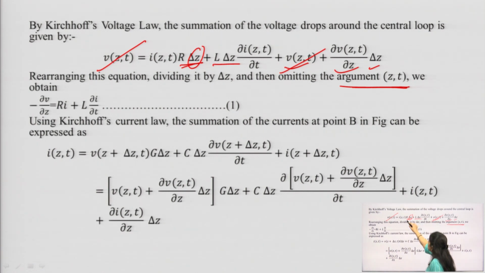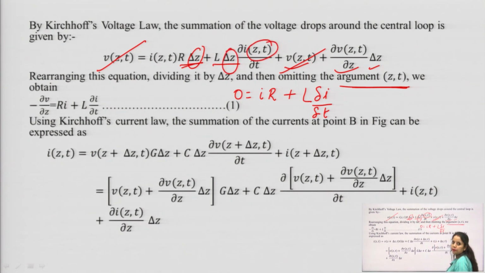We omit the (z,t) and divide del z by del z. So, this will be IR only, plus L, because del z is divided out, del I by del t.